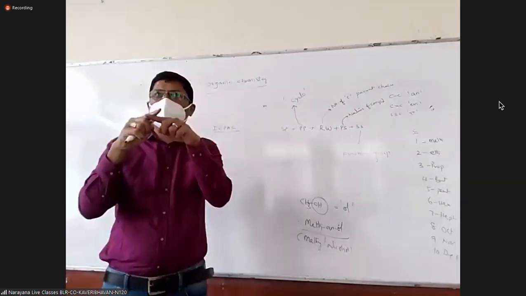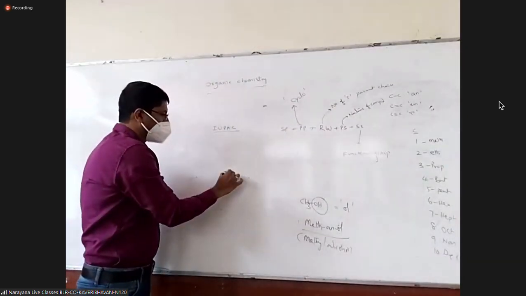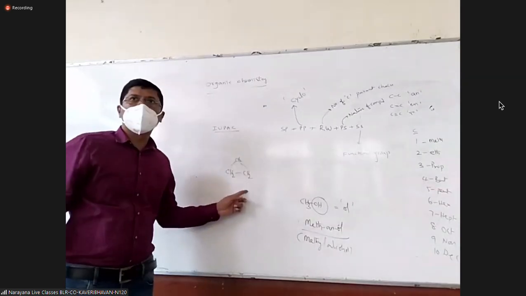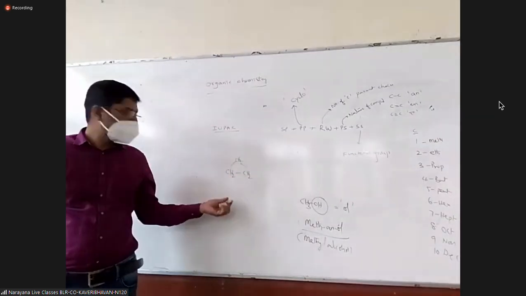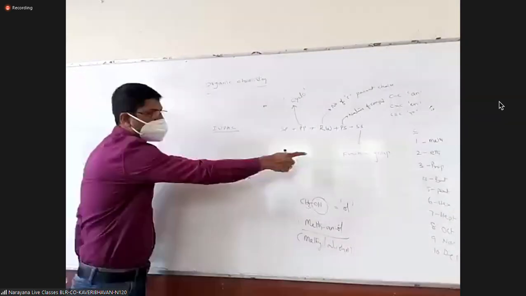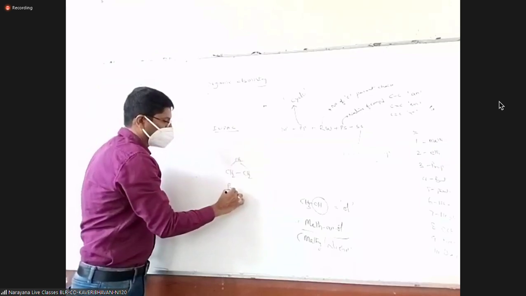Where a ring comes, like this, it is called cyclopropane. Why? What is the root word? How many carbons are there? Three, so the word is PROP.